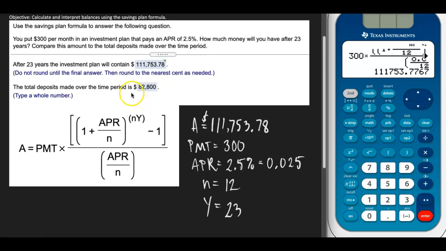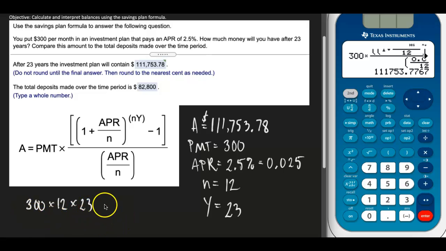So the next part of the problem asks, what's the total deposits made over that same period of time, over the 23 years? In other words, think of a way you can reword that question. What's the total deposits? This is essentially, what have you contributed to this account over 23 years? Well, you personally are contributing $300 per month, so that's 12 months in a year, over the course of 23 years.